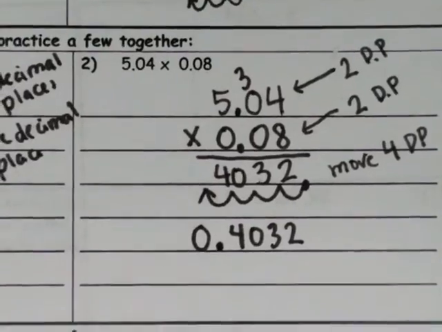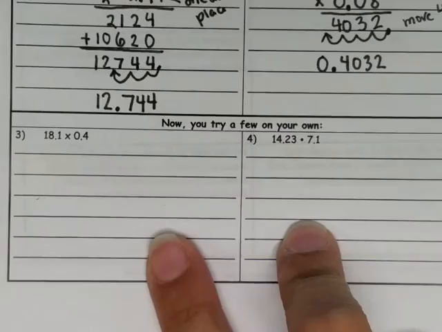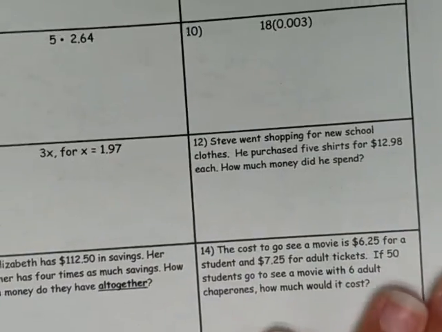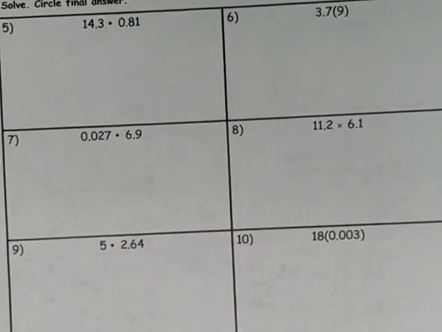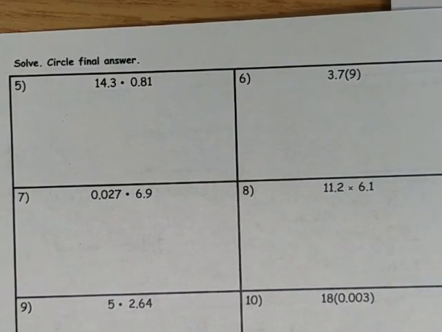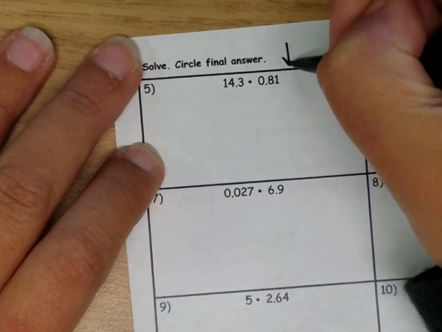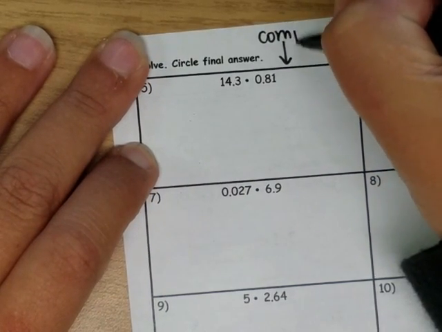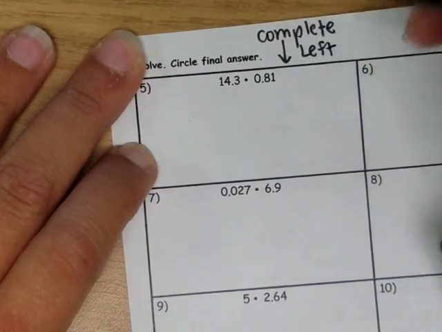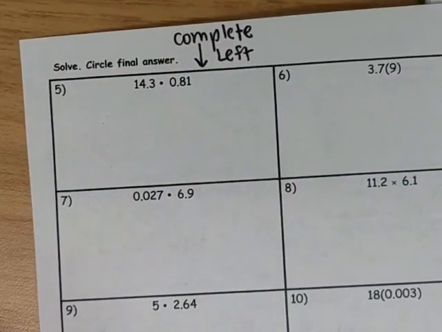Okay? All right, so now what I want you to do is I want you to try these two. And then I want you to go inside. I'm not going to make you do all of them. Here. Let's do the left column. So complete left. So all these ones right here. So 5 through 13, okay?